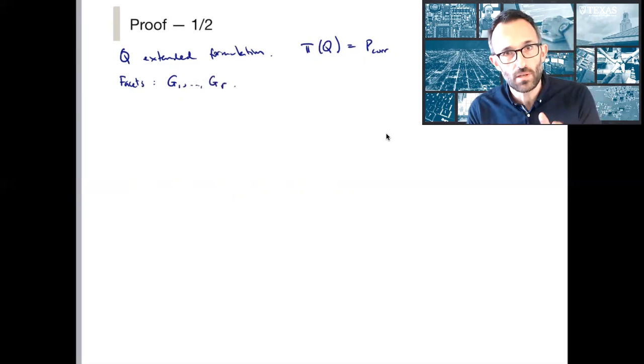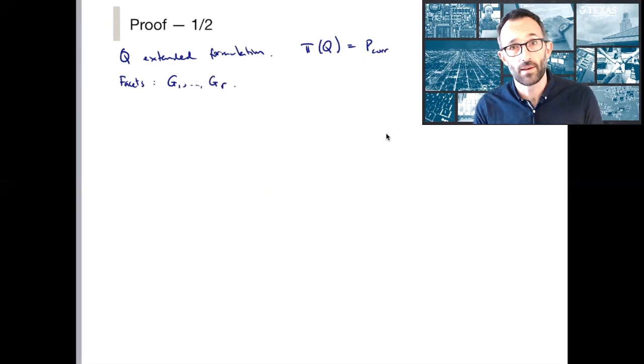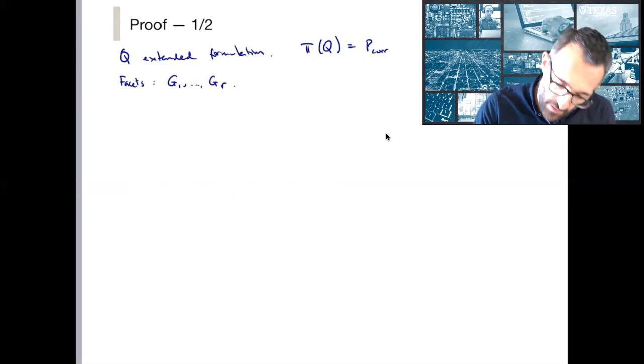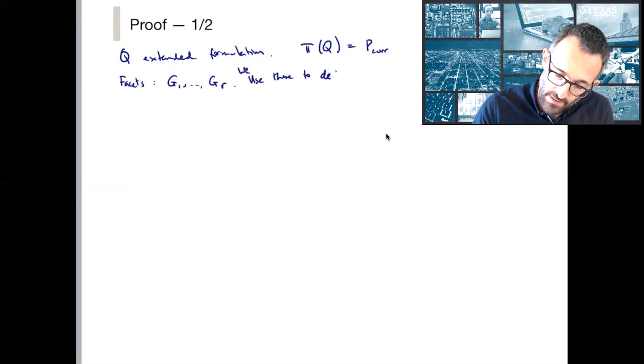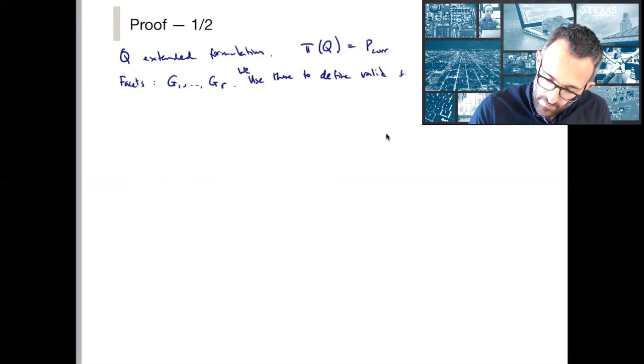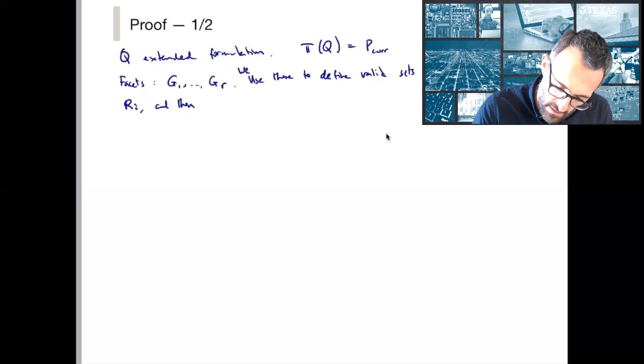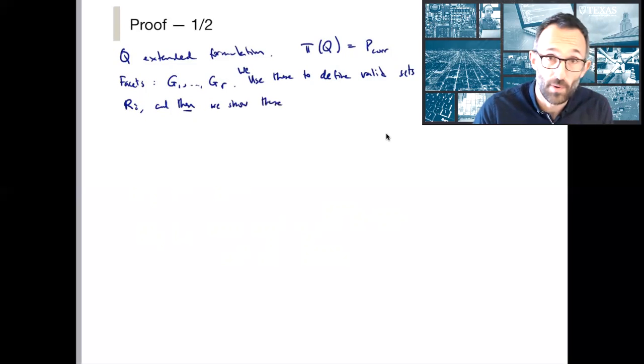I'm going to use these facets to define valid sets Ri, and then we show that these form a covering.